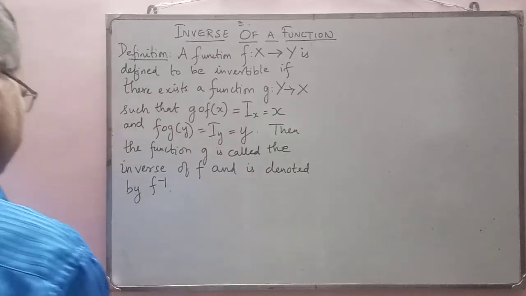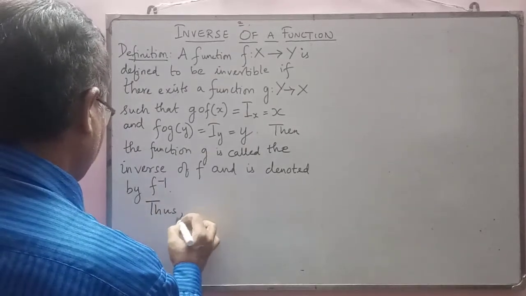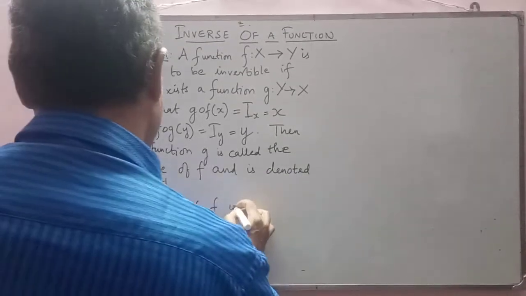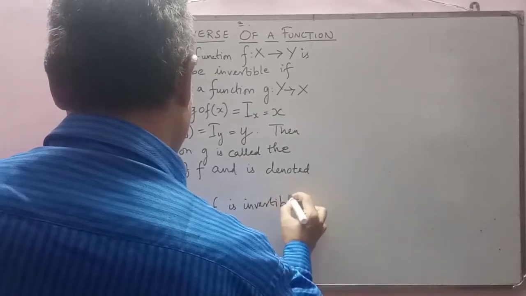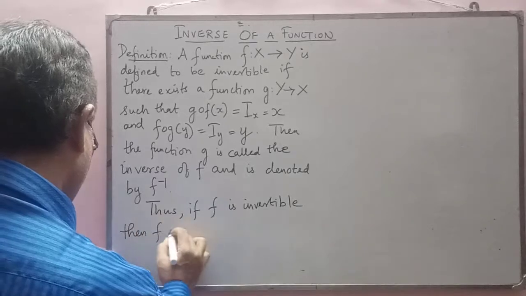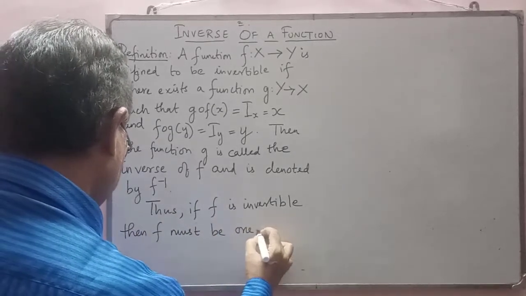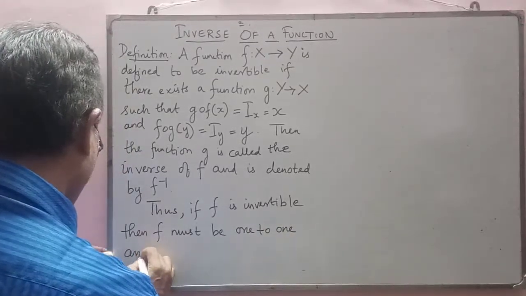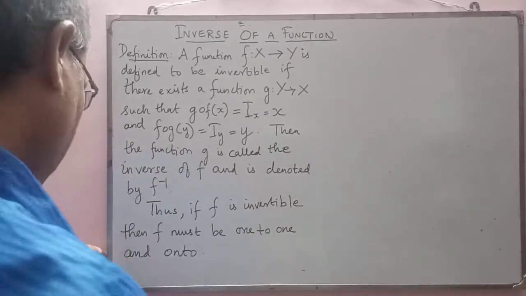There is another way. Conversely, if f is invertible, then f must be 1 to 1. f must be a 1 to 1 function and onto. This is from exercise 1.2.